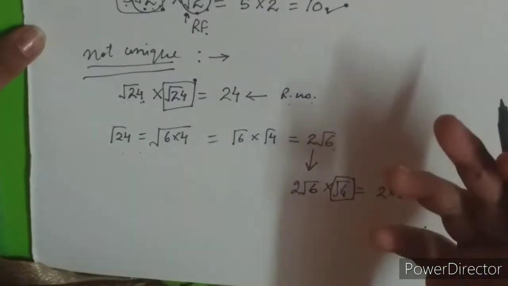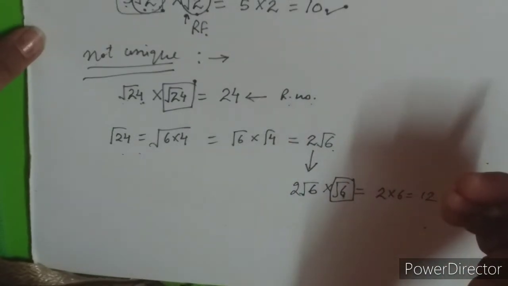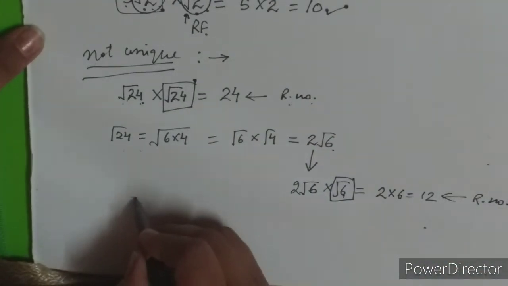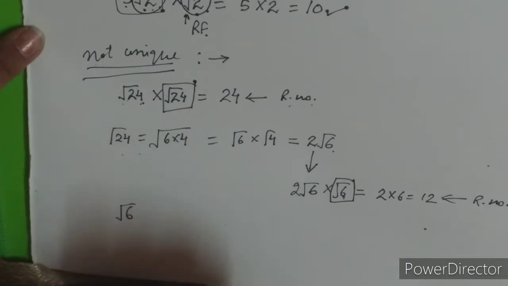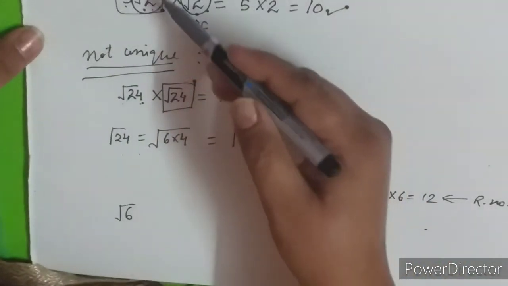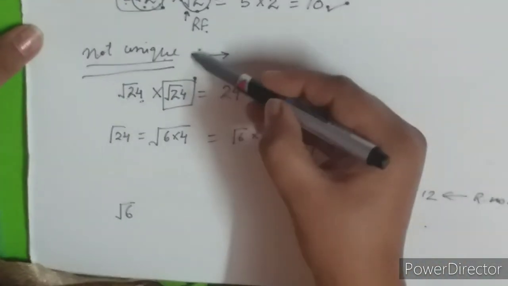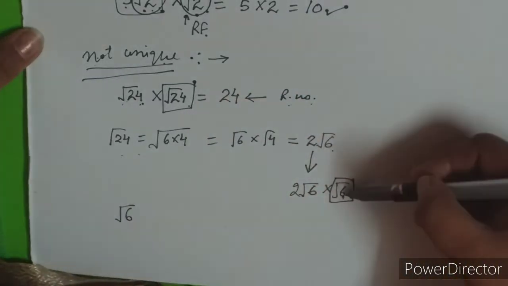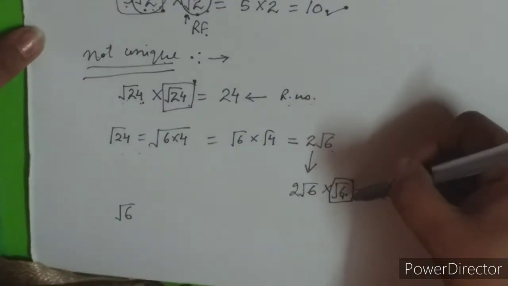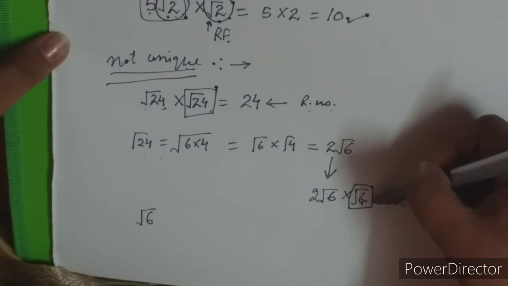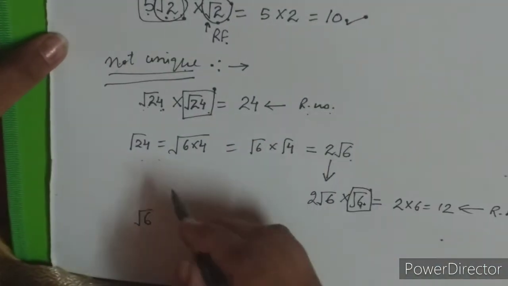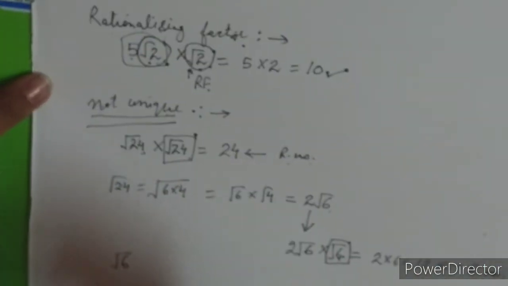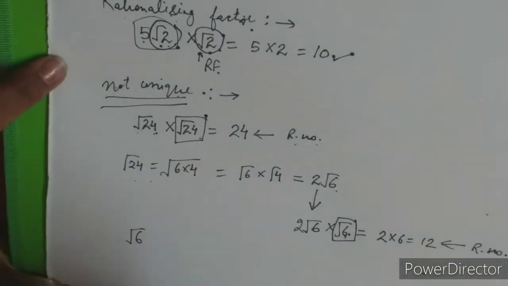We always have to select the lowest rationalizing factor, and that is square root of 6. So my point was that the rationalizing factor is not unique. Here we got two rationalizing factors, and out of them we should always choose the lowest rationalizing factor to change an irrational number into a rational number.